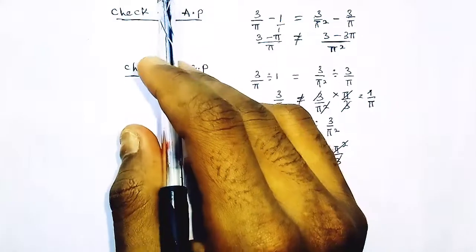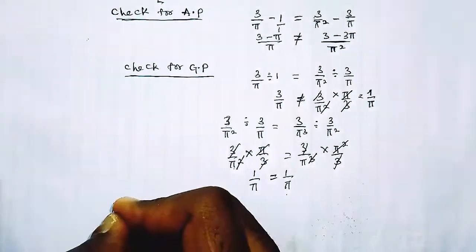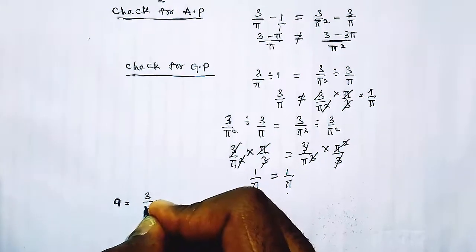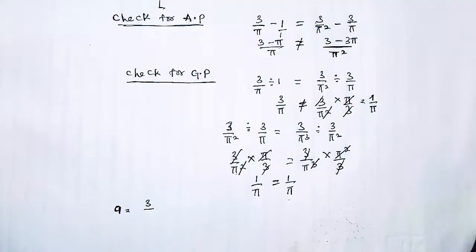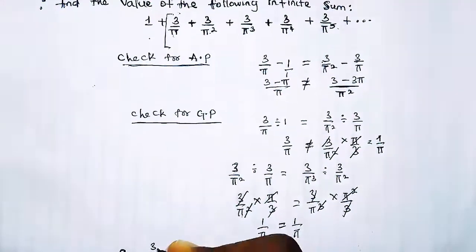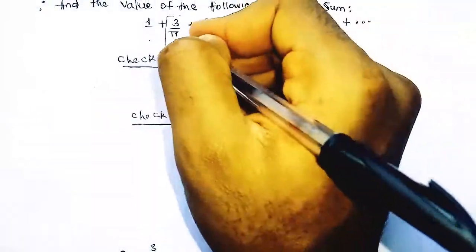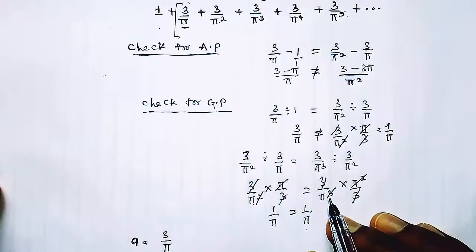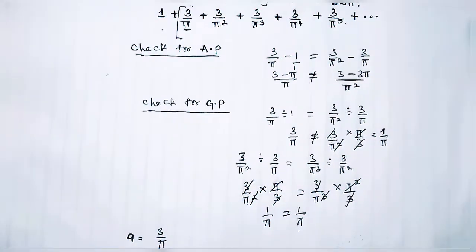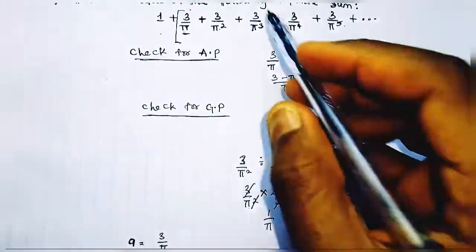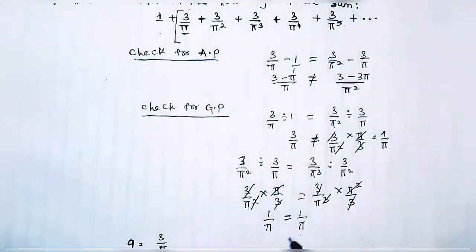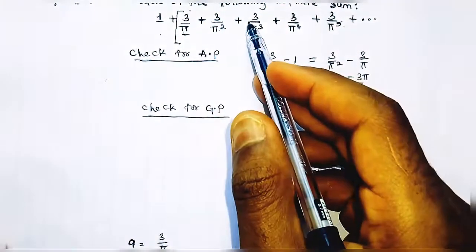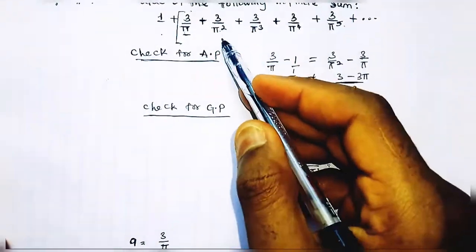So the first term we're going to be using here is 3 over pi. My first term here is 3 over pi, right? Now, my common ratio, starting from this point down to infinity: we've seen that to calculate the common ratio, it is this divided by this, or this divided by this, right?